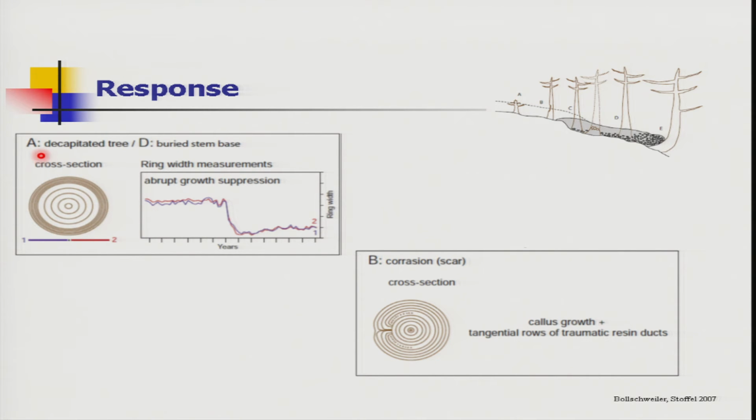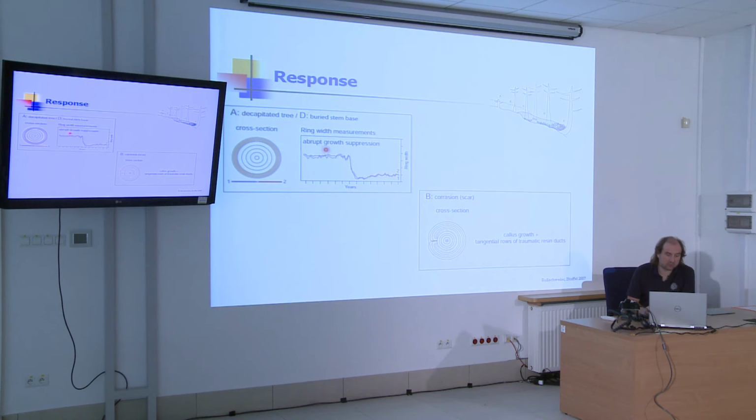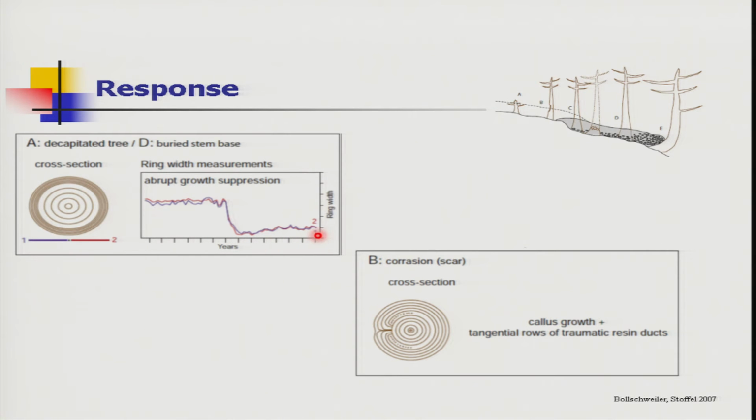Decapitation or stem burial cause abrupt growth suppression. Suddenly, tree rings become much narrower, and the tree produces very little wood. If we are talking about corrosion, we are looking for scars, scars and callous wood structures.